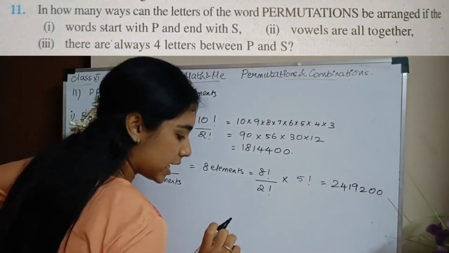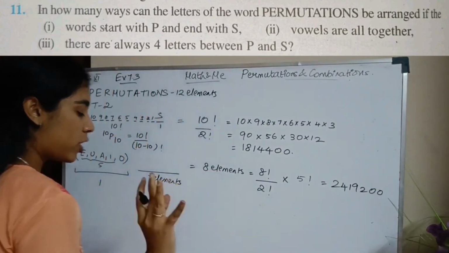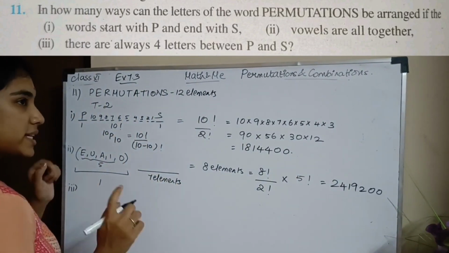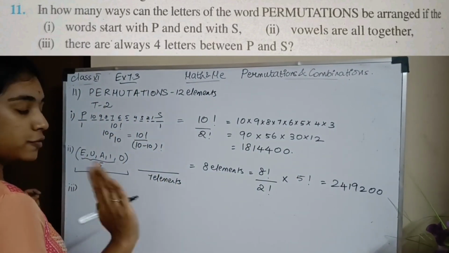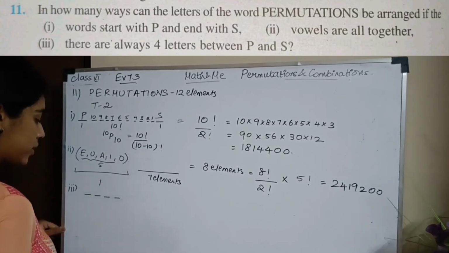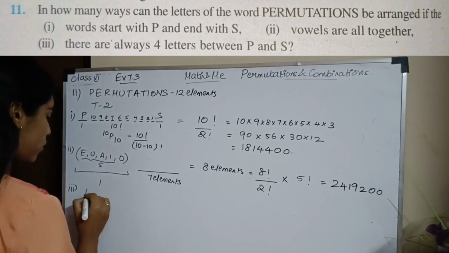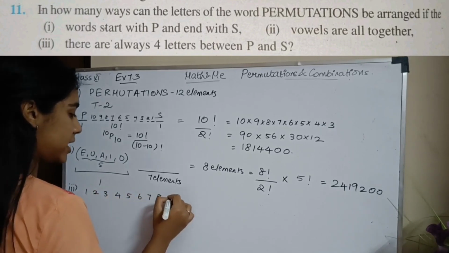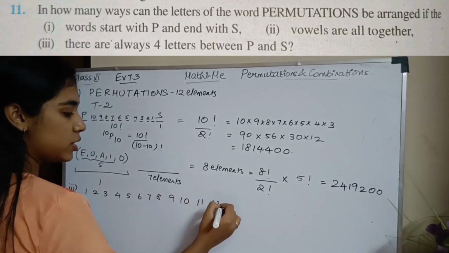Okay. Last option. There are always 4 letters between P and S. Okay. Please pay attention. Between P and S, there are always 4 letters. So I have 12 places. I'll write the numbers: 1, 2, 3, 4, 5, 6, 7, 8, 9, 10, 11, 12.